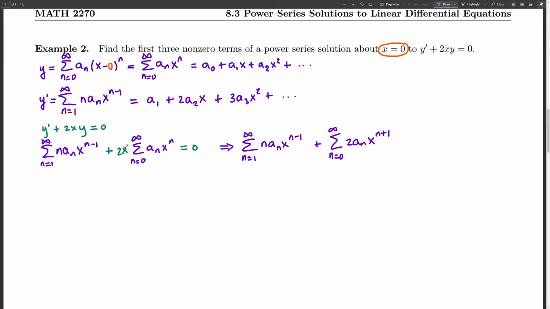And we get that from the x to the power 1 times x to the power n gives you x to the power n plus 1, and that equals 0.